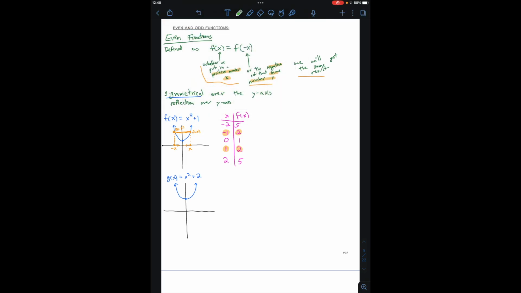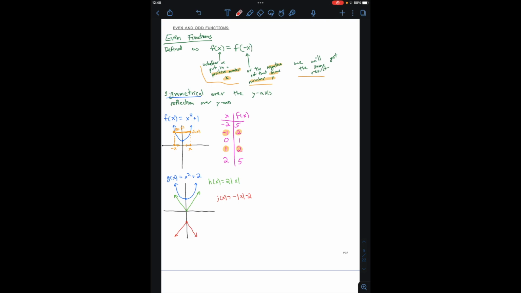So I could say h of x equals 2 times the absolute value of x, and then that would produce a symmetrical function, so that would be considered even. It could be positive, it could be negative, maybe it's j of x equals negative absolute value of x minus 2, so that'd be something down here.